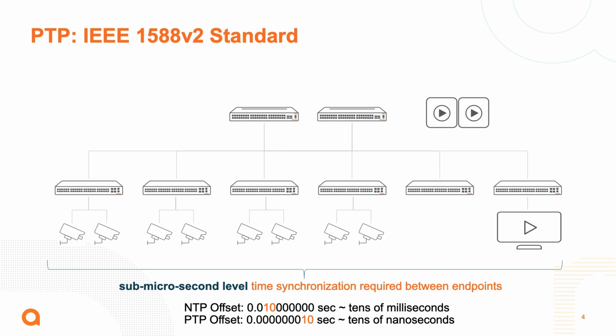PTP messages, as we said before, can be transported over IPv4 multicast. And in that case, the multicast address will use for all messages except peer delay messages, the address 224.0.1.129.